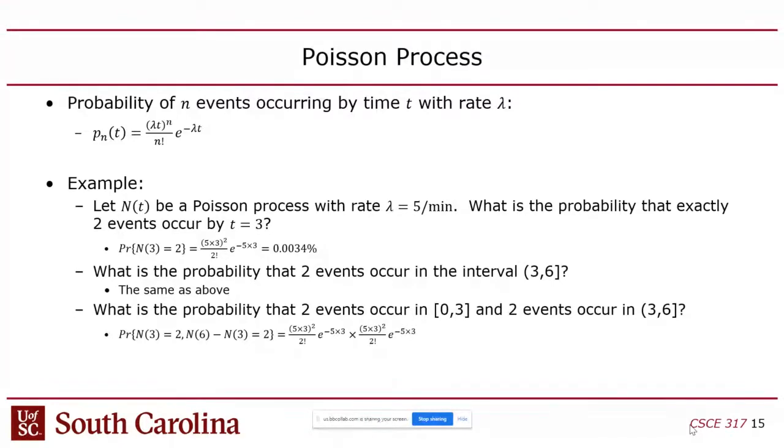You've got a lambda and a t, as we did before, where lambda is the rate and t is the time. But then you've got n, which is the number of events. So for example, what's the probability that 2 events occur in the time frame 0 to 3? You plug in 3 for t and 2 for n, and plug in the lambda, and you get a number.